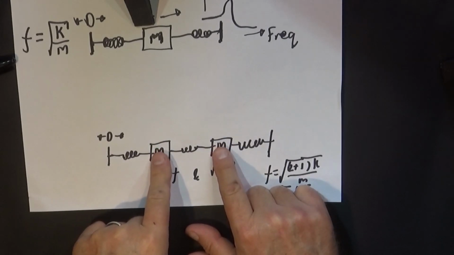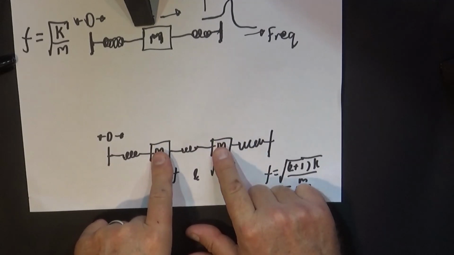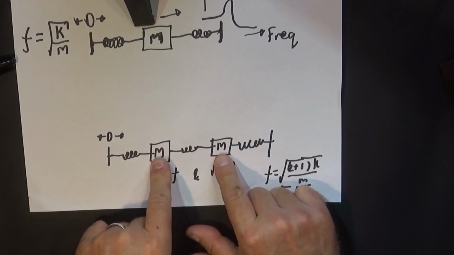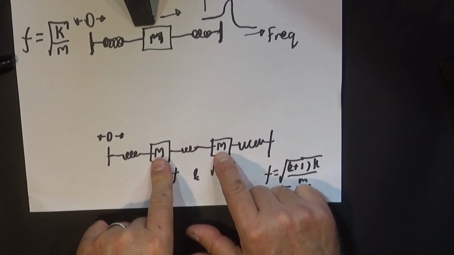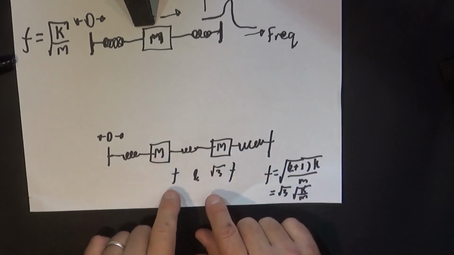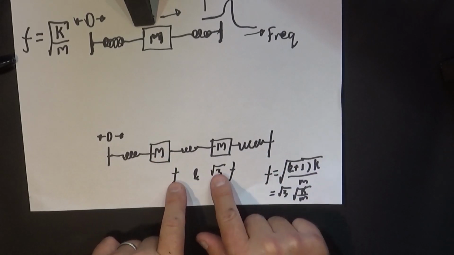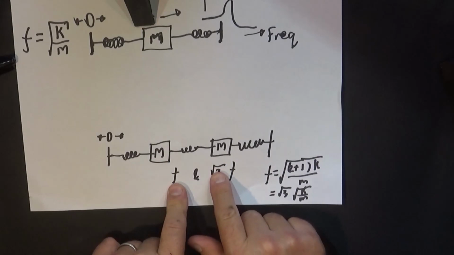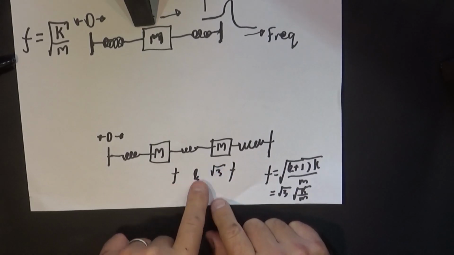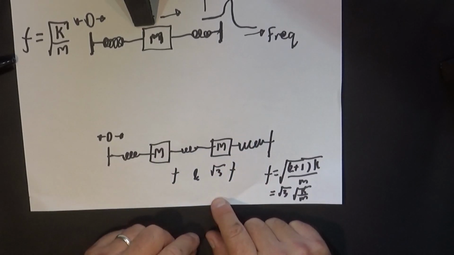So that should change the frequencies, and hopefully if we choose the right values for our masses, then that number will be 2 rather than the square root of 3. That's our aim. So we can do that fairly easy in the software, so let's see what happens.